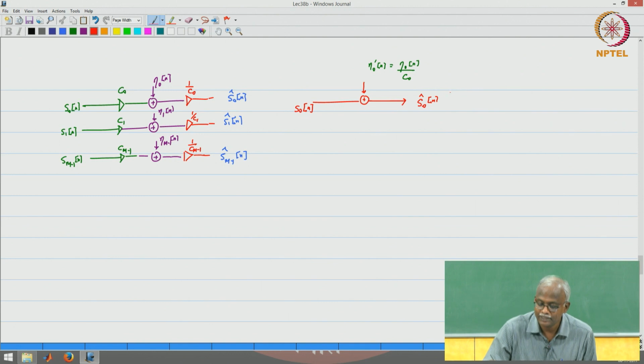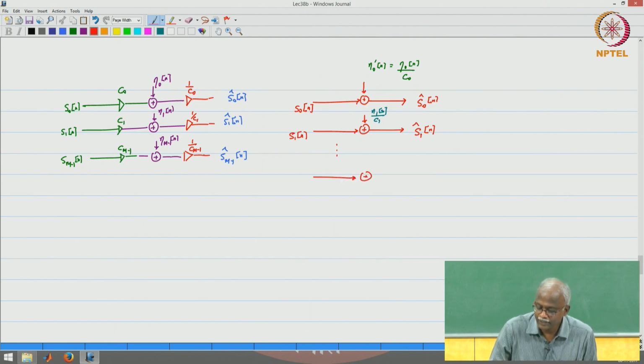The only thing is it is like an AWGN channel where all other impairments have been removed, and likewise you can draw the second channel, S1 hat of n. The noise term at this input is eta 1 of n divided by C1, and that comes out as S1 hat of n, and so on.